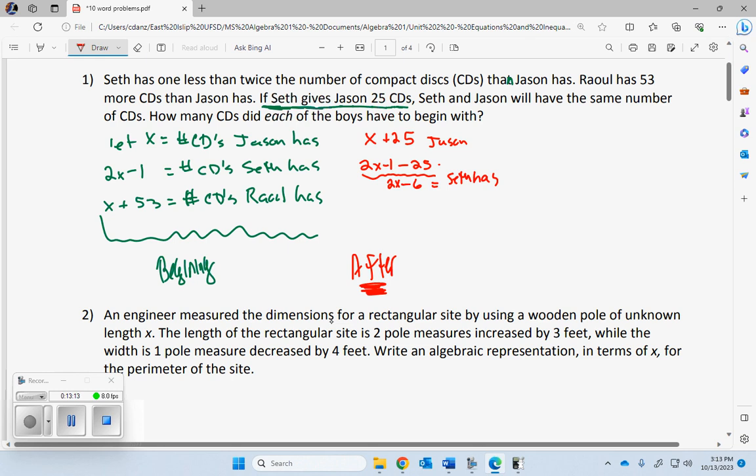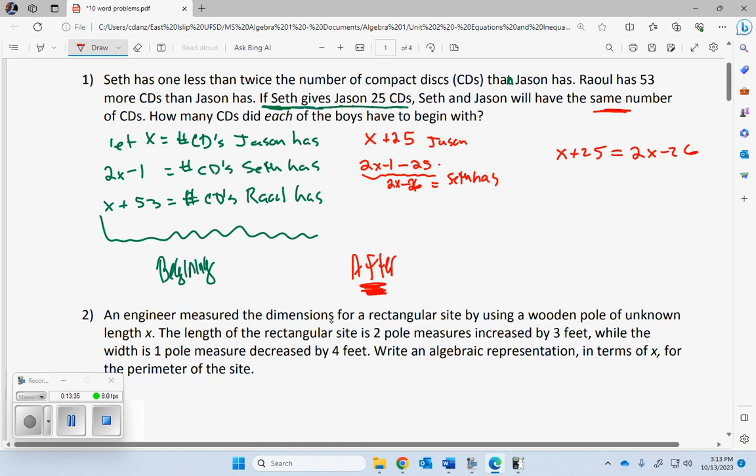So now we can write the equation, because after Seth gives Jason the CDs, they have the same number. So this X plus 25 that we wrote for the afterward now equals the 2X. This is supposed to be a minus 26, I'm noticing, right? Negative 1 minus 25 is a negative 26.